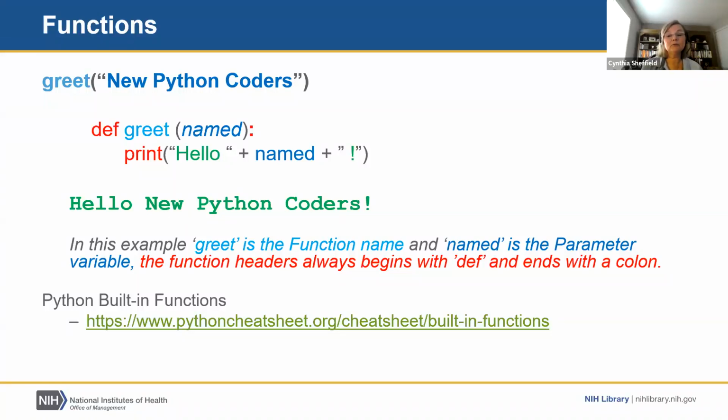In this example, greet, the name of a function, is calling the parameter variable named, and the parameter variable named will equal whatever character string is defined by greet. So the function will print hello plus the value of named, and then it will end the sentence with an exclamation mark. So this code will produce the statement, hello, new Python coders.